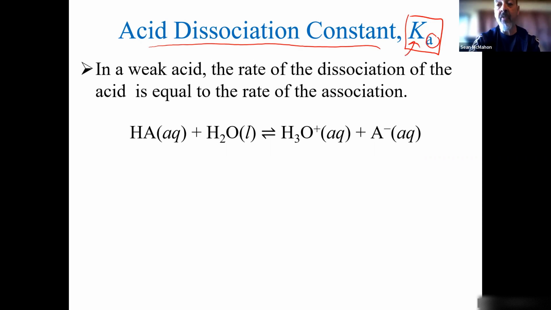The K, from what we saw in chapter 10, are equilibrium constants. So whenever we have an acid thrown in water, it donates the proton to produce hydronium and the conjugate base.